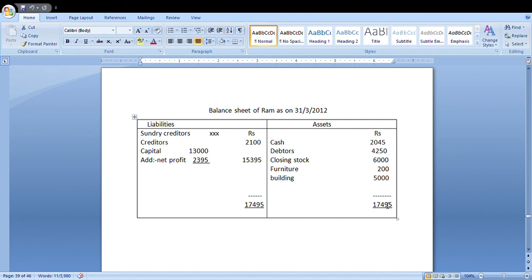These two amounts are equal. Assets equal liabilities, so your problem is correct. If the assets and liabilities totals are not equal, your problem is wrong and you have made some mistakes in the calculation. So this problem is over. Thank you.